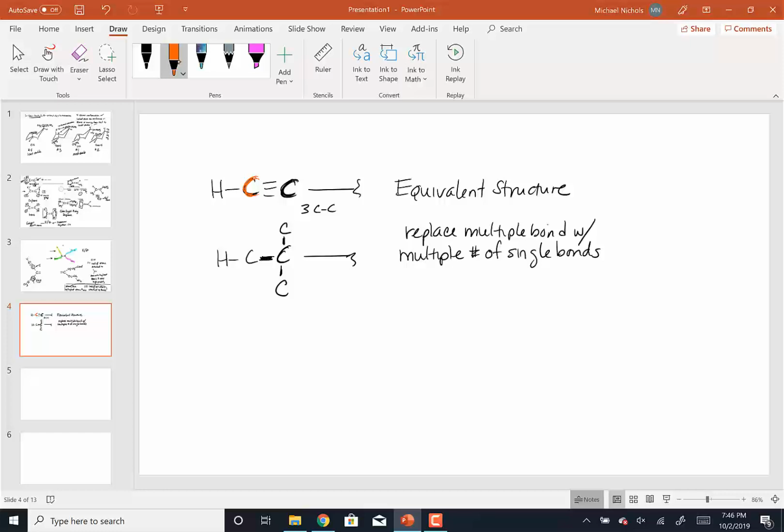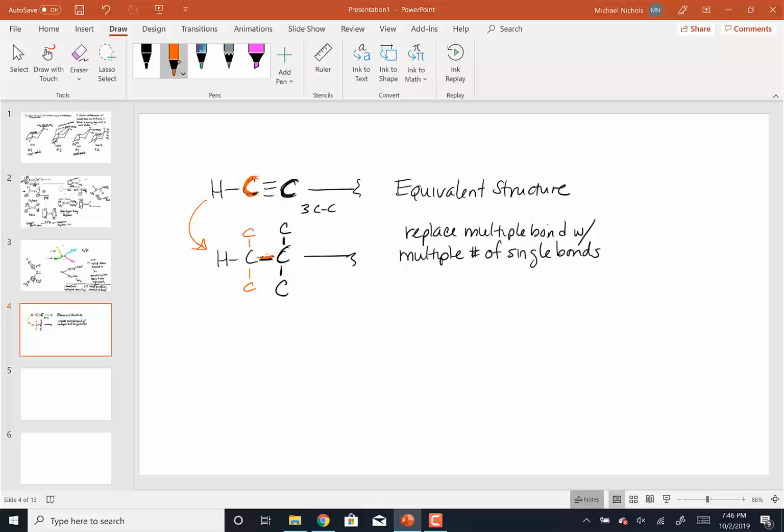So I'm going to replace this carbon, from the red carbon's perspective, with 3 C-C single bonds. Here's the first one, here's a second, here's a third. So now I've drawn what is called the equivalent structure of the carbon-carbon triple bond.